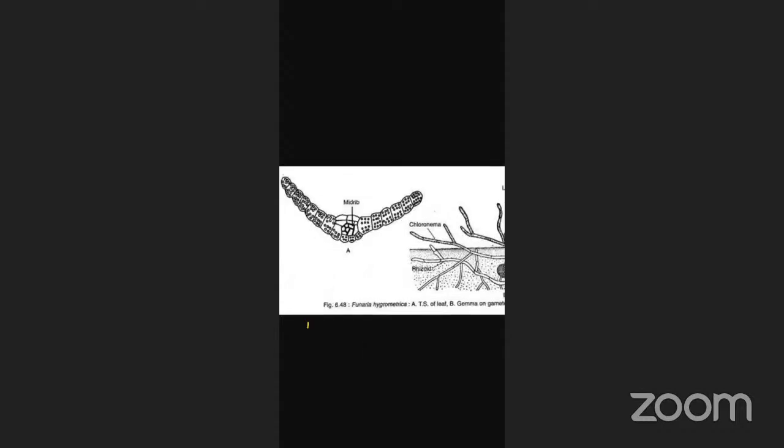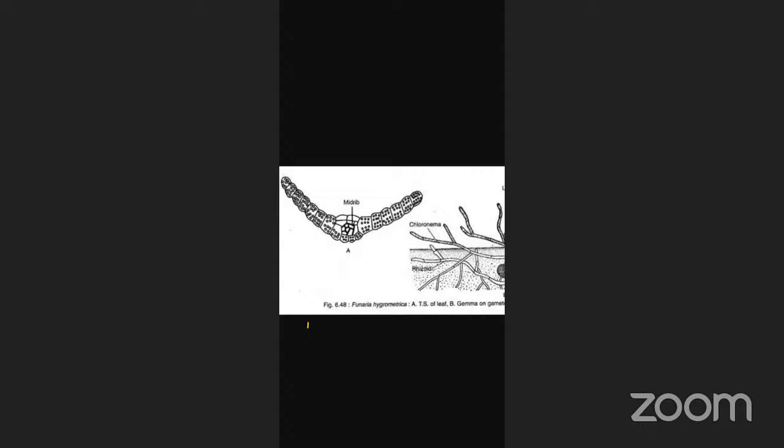Internally, the leaf has a several-celled thick midrib, with a wing on either side, meaning both sides have wing-like parts, just like this. The cells of the wings contain chloroplasts, and these divide repeatedly in the center of the midrib.